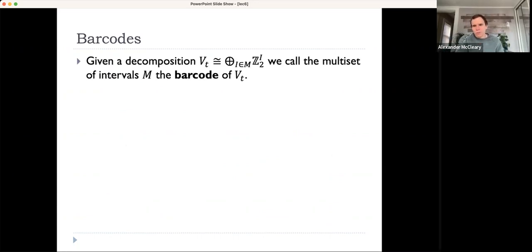More formally, the algebraic decomposition theorem tells us that we can decompose any persistence module as a direct sum of interval modules. And we call this decomposition the barcode.